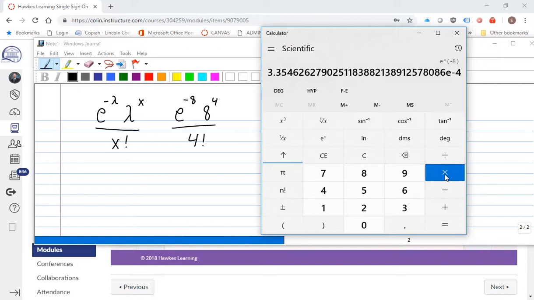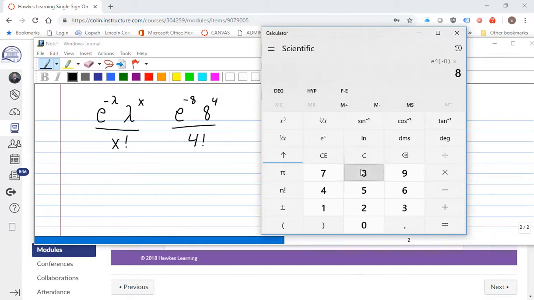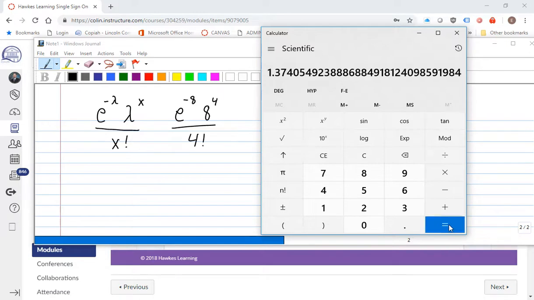Then I'm going to say times, and now I have to say 8 to the 4th power. So 8, and then in this calculator it's x to the y, 4, equals.